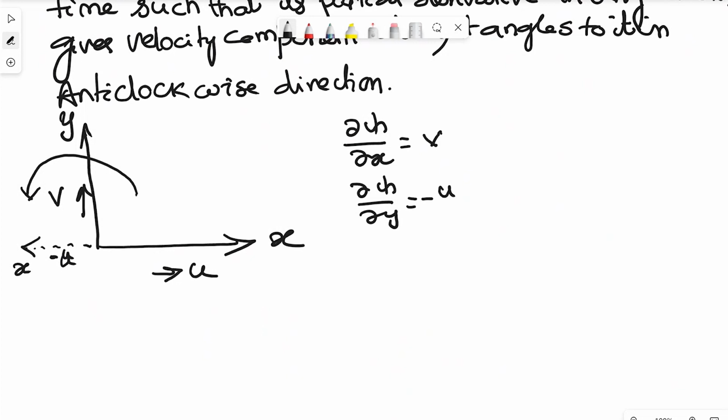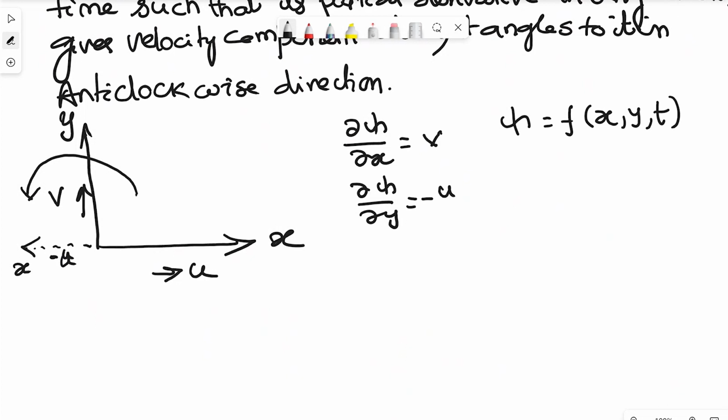And kindly remember that psi is a function of x, y, t. Psi is always defined for two-dimensional flow only. This is the next thing as far as the stream function is concerned.